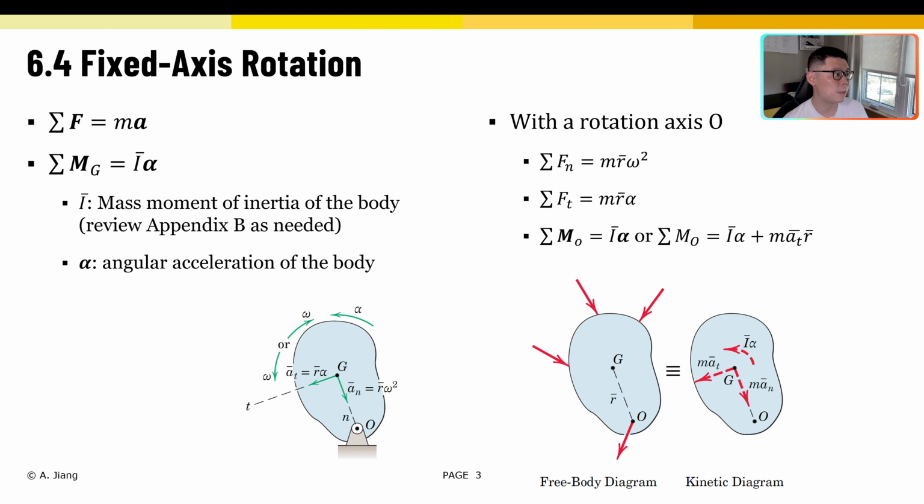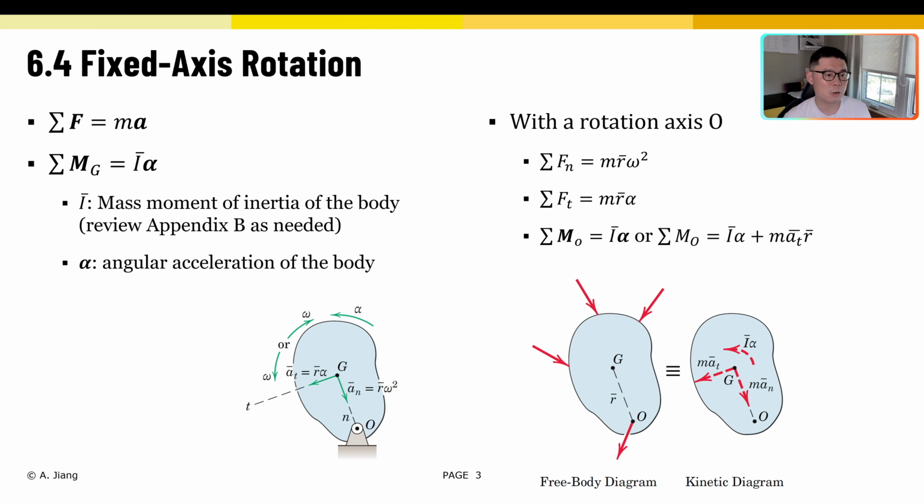The sum of the normal forces is m r omega squared, and the sum of tangential forces can be written as m r alpha, and the sum of all moments about O is I alpha plus m a_t r. Note it's a_t here, not a_n here, because it's rotating. Right? Rotating is in the tangential direction.